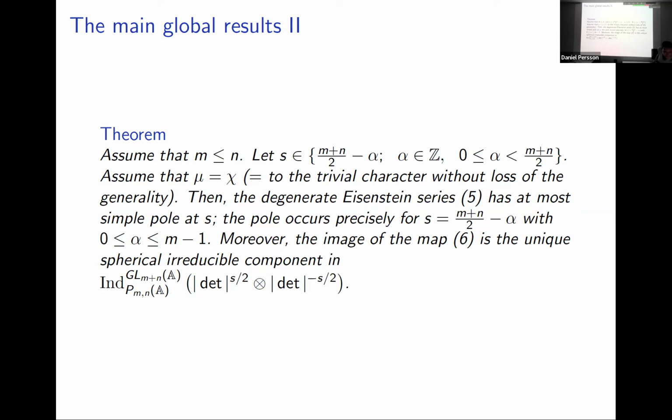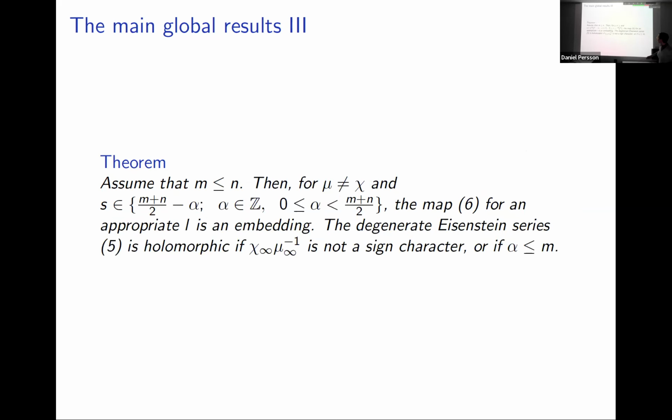Okay. And what if mu is not equal to chi? Then the problem is that we don't know much about local intertwining operators at the non-Archimedean places.